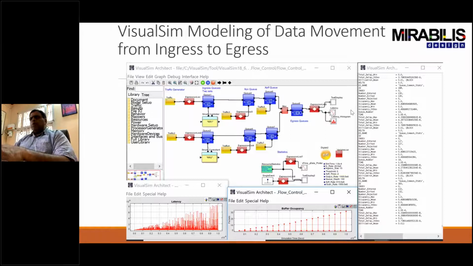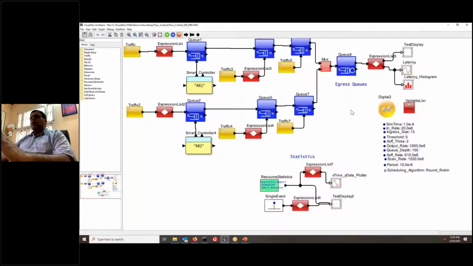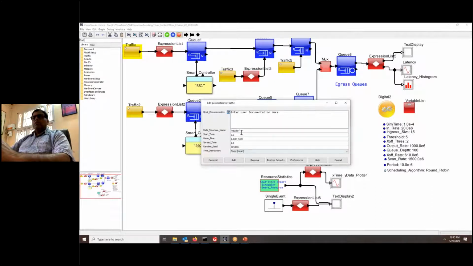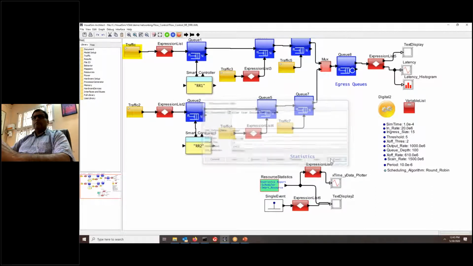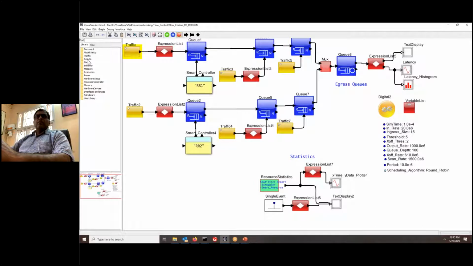Now, going over to VisualSim. So this is the VisualSim modeling environment. As you can see, we've got the libraries on the left-hand side, and you can see the block diagrams, the blocks. So if I double-click on any of these blocks, you can see each one of them has a unique set of parameters. So for example, if I click on this one here, I can get a processor module.